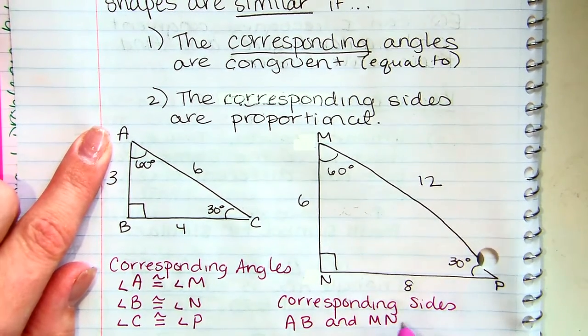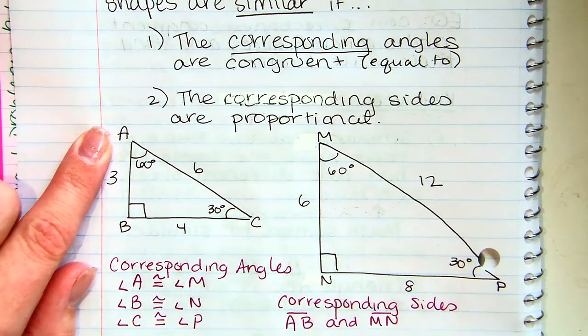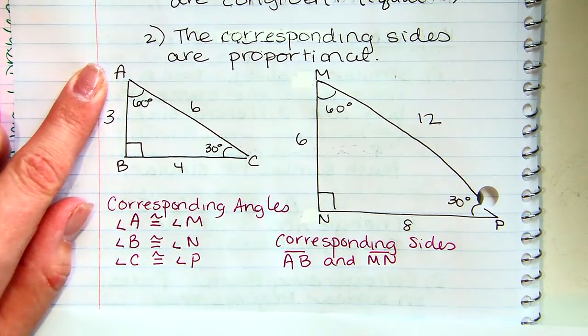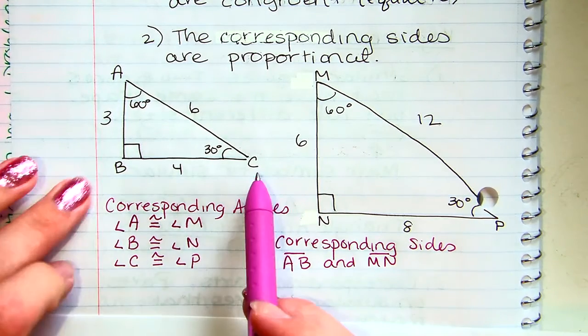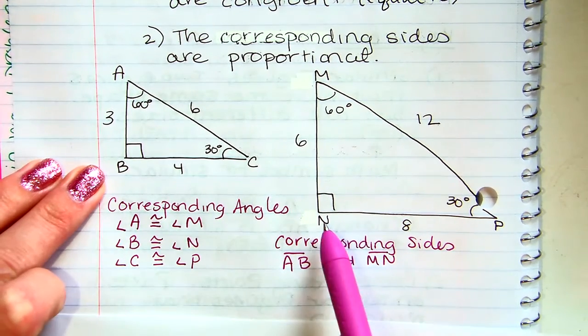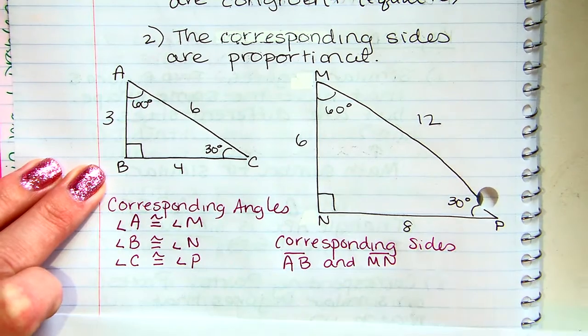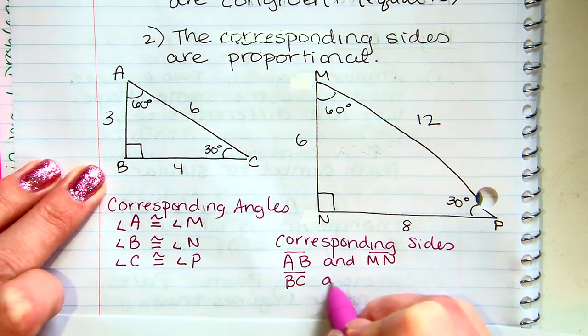Now, because these are sides, I'm going to go ahead and put a line above. Next, my bottoms here, BC, its corresponding side is NP. So I'm going to put BC and NP.